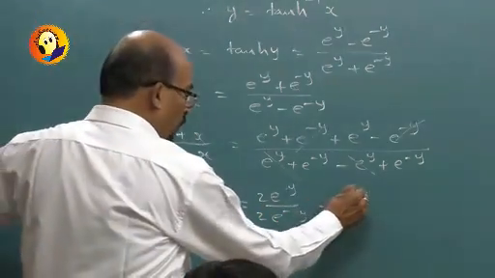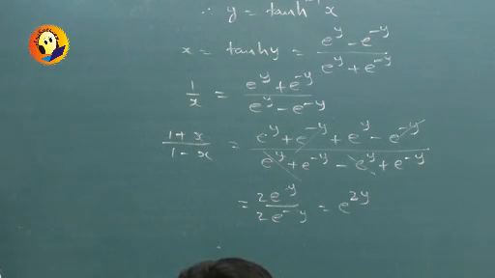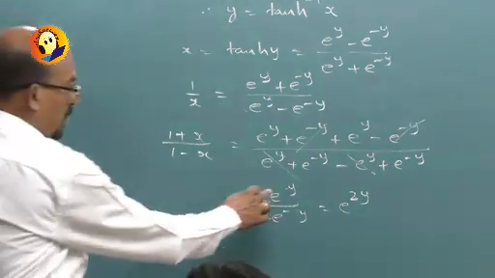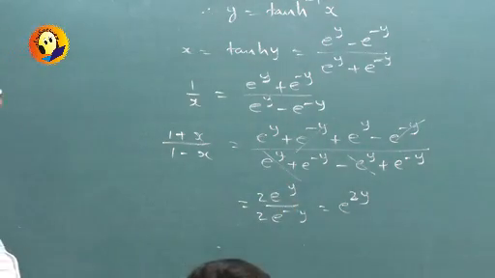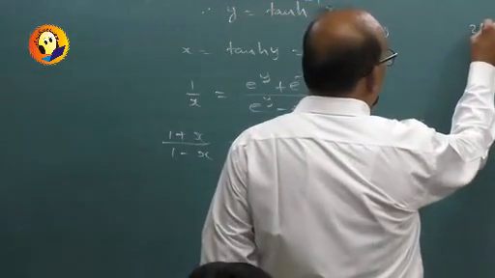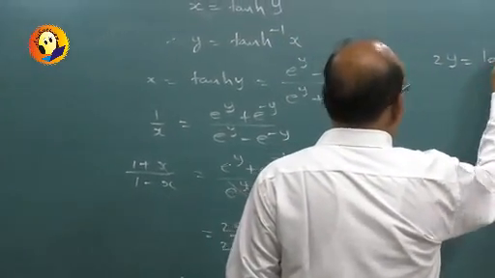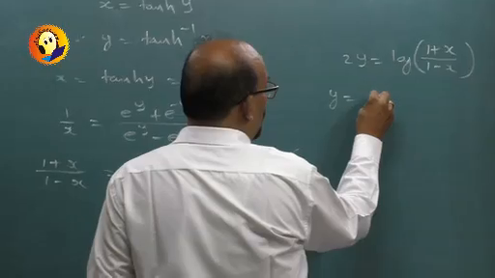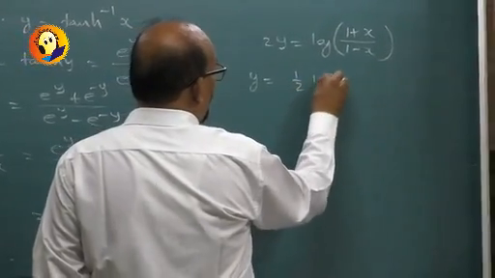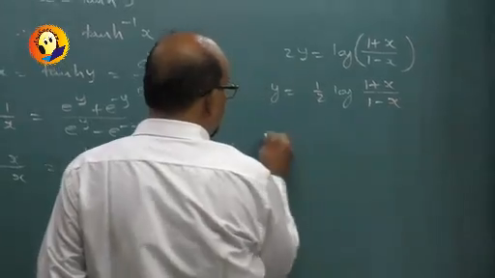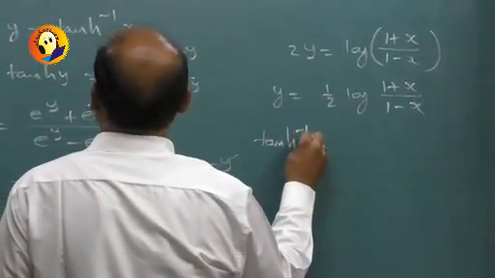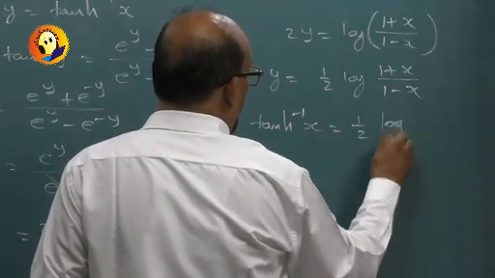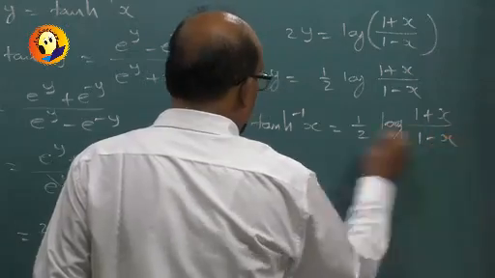So you get e raised to 2y, and therefore 2y is equal to log of 1 plus x upon 1 minus x, or y is equal to half log of 1 plus x upon 1 minus x, that is tan inverse x is equal to half log of 1 plus x upon 1 minus x.